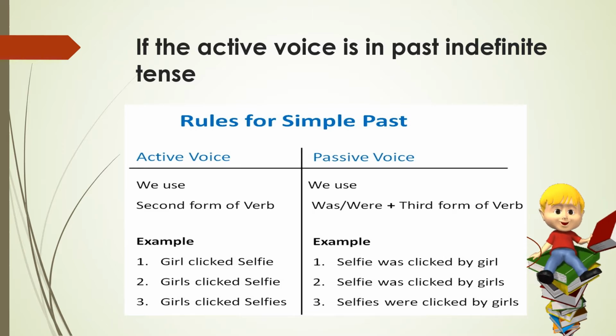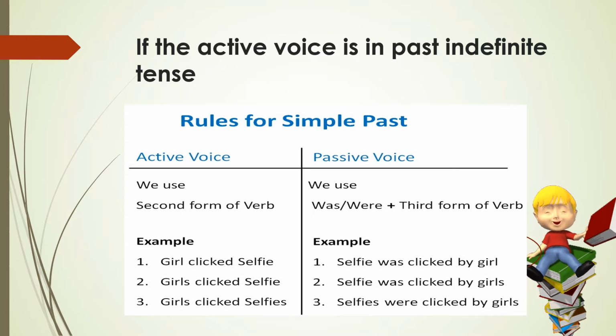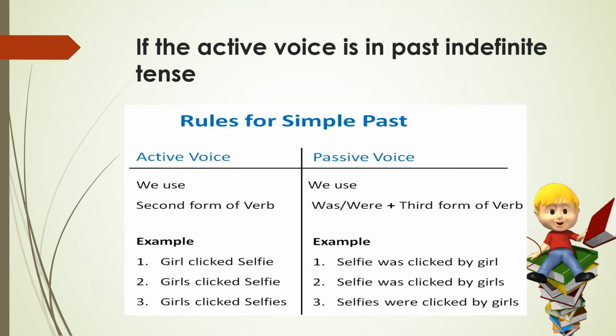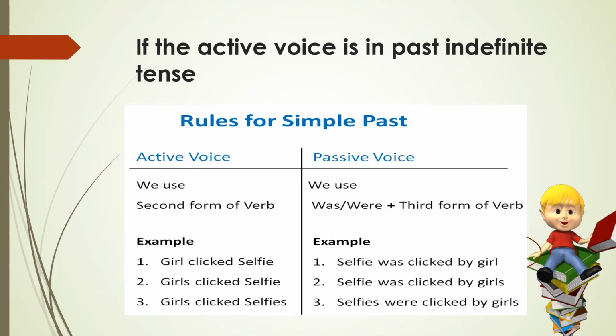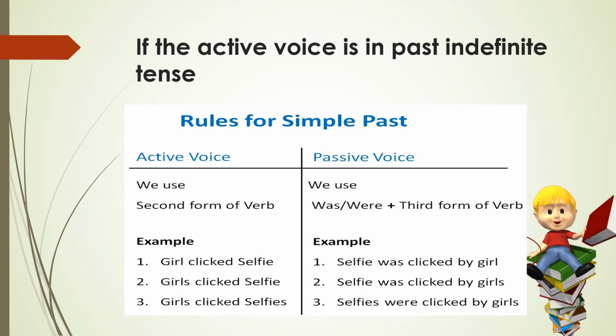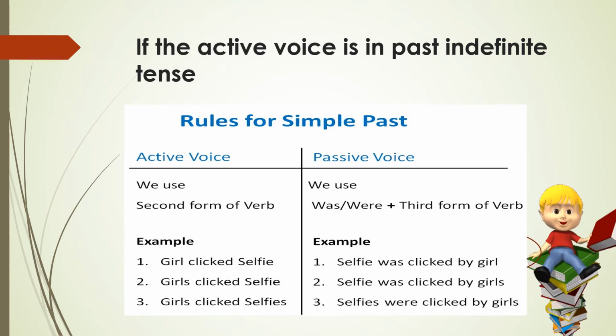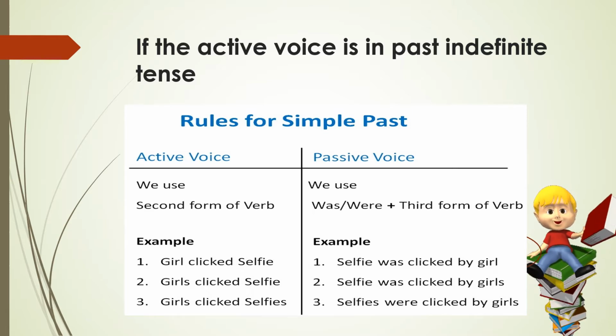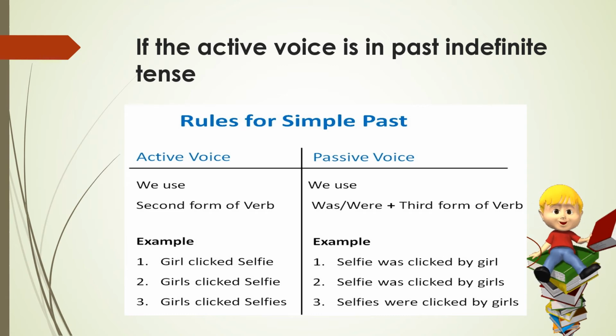Okay, in this slide you can read some sentences in the first column given in past indefinite tense, right? We use the second form of verb in past indefinite tense with all the subjects, regardless of whether they are plural or single, right? For example, a girl clicked a selfie, the girls clicked a selfie, or the girls clicked selfies.